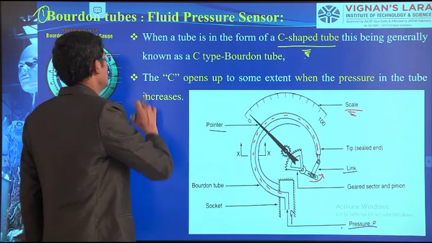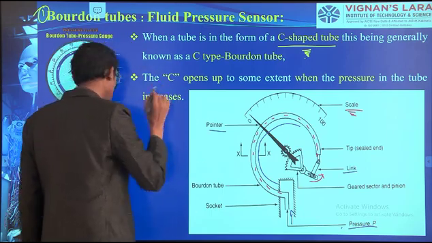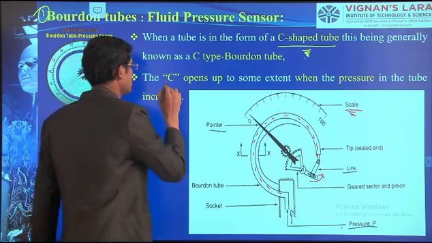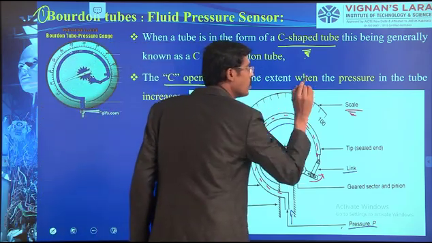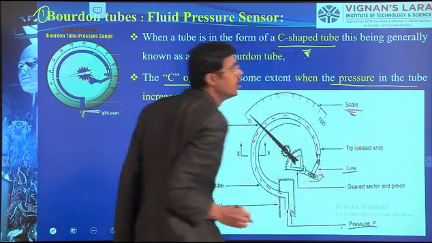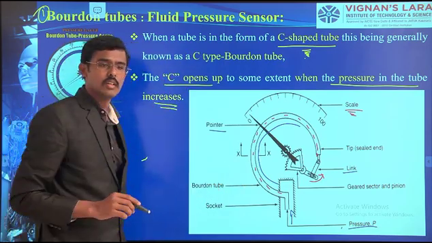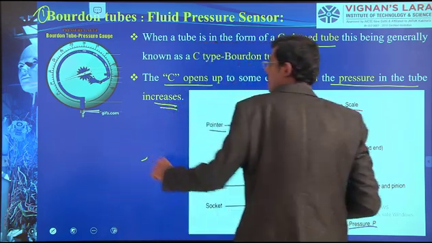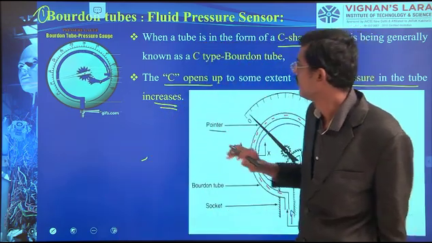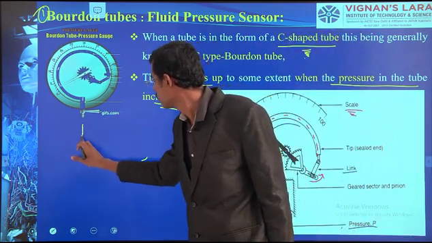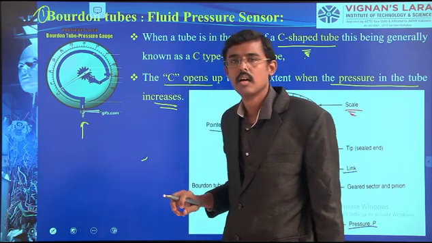Okay, so this C opens up to some extent when the pressure in the tube increases. For our understanding, I have added a small animation here. See, we have applied a pressure here, and what happens?